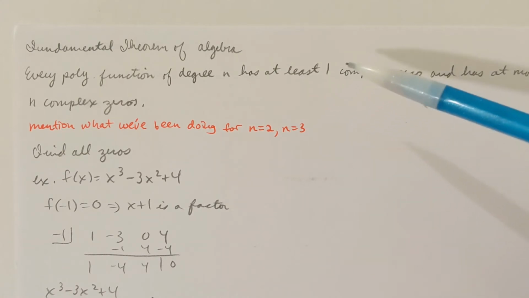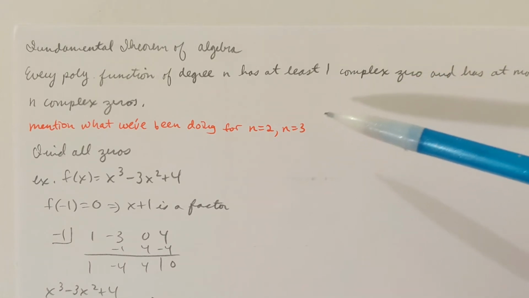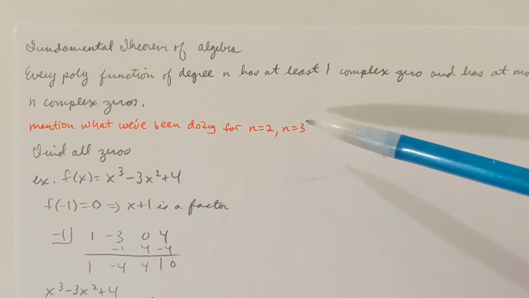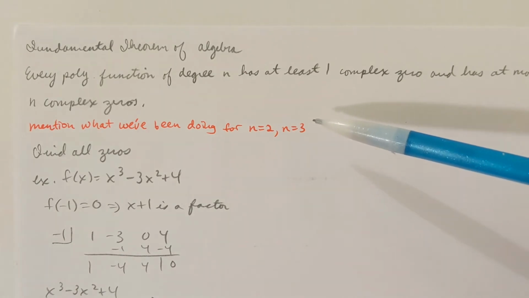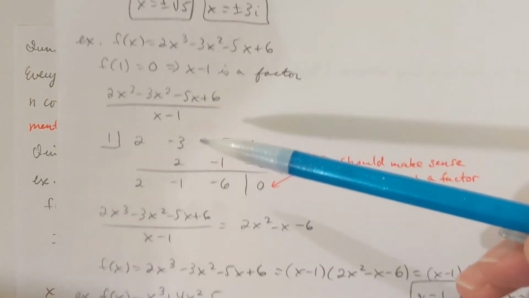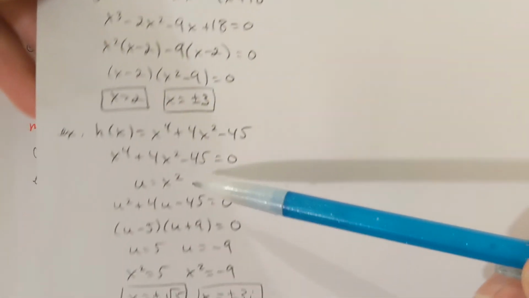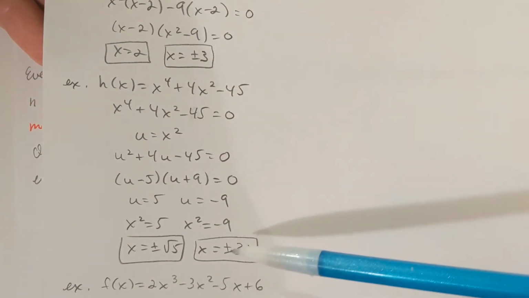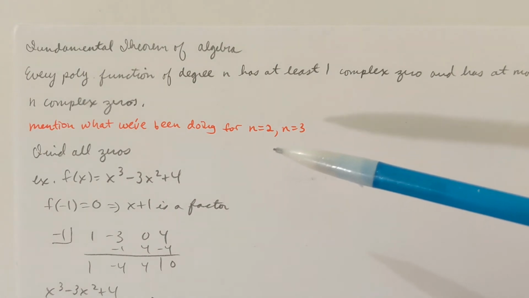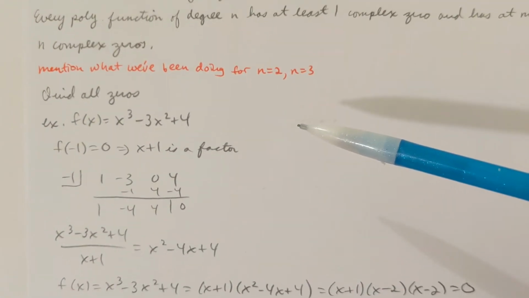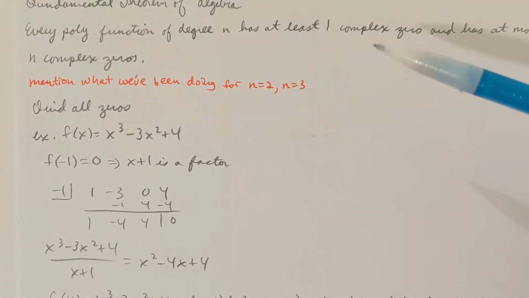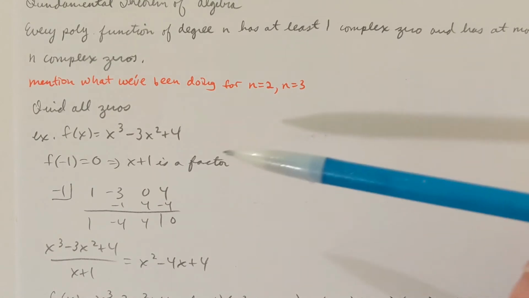Okay, so you've got 1 zero that repeats twice, meaning that you've got 2 zeros. Okay, n is 3. We've looked at a couple of ones with n being 3, right there. We got 3 zeros. Okay, here's n equals 4. We have 4 zeros. Okay, so whatever n is, that will tell you the number of zeros that there will be.